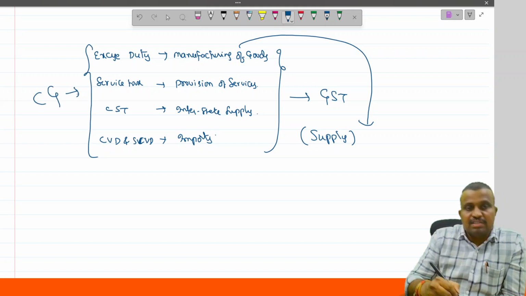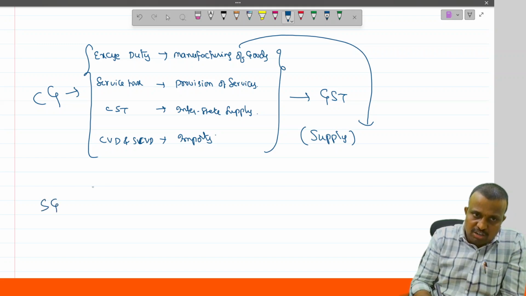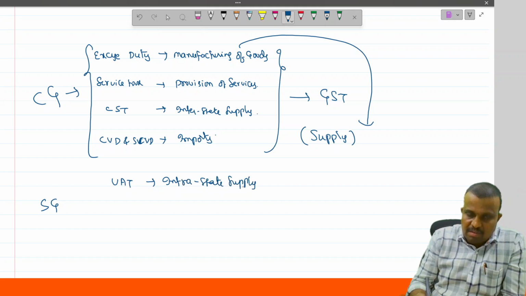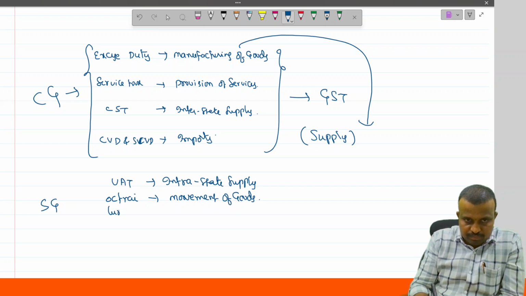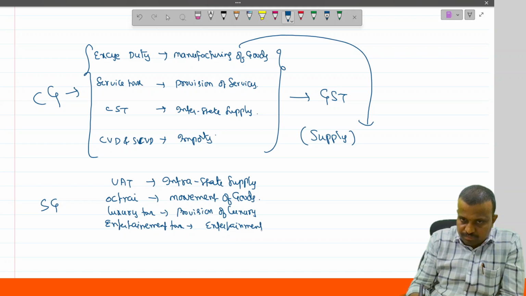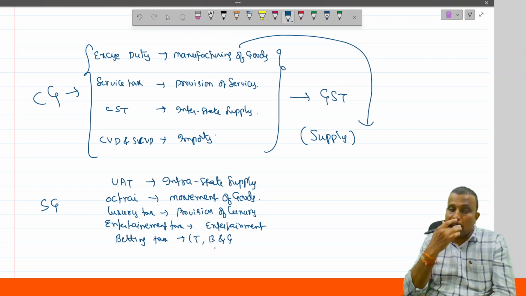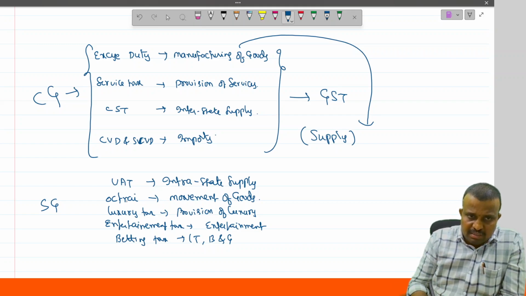And these are all levied by the central government. And coming to the other one, the state government also levies taxes like VAT on intra-state supply, octroi, which is imposed on movement of goods, luxury tax, and entertainment tax on providing entertainment, and betting tax on lottery tickets, betting and gambling, and entry taxes.